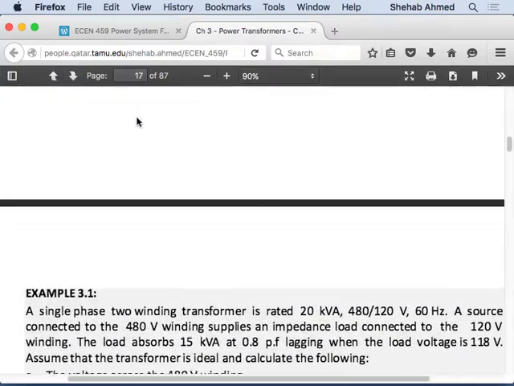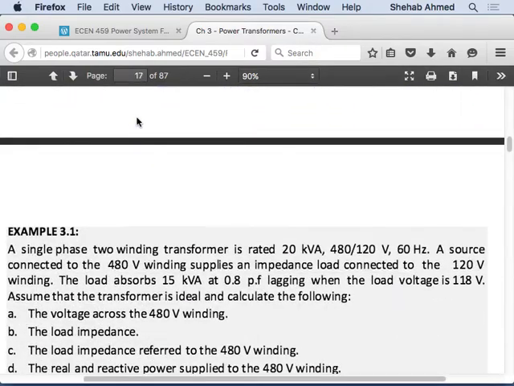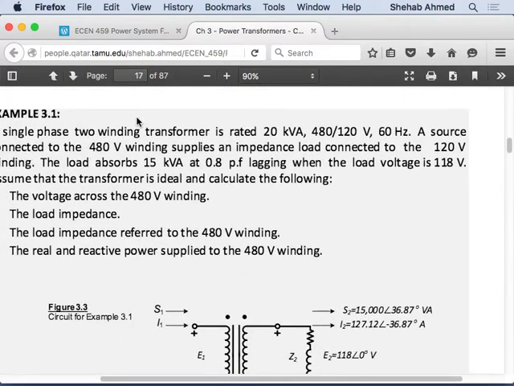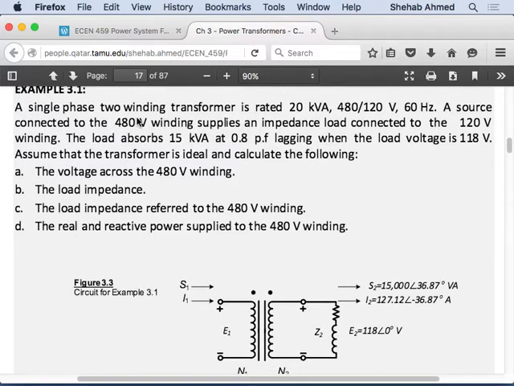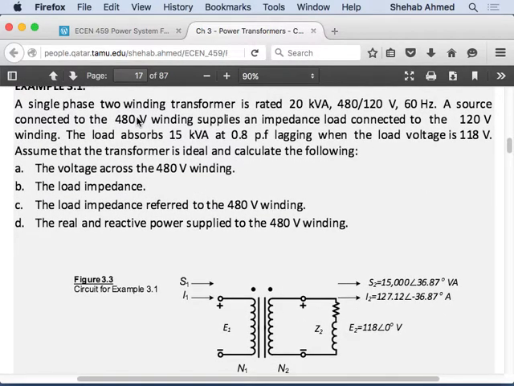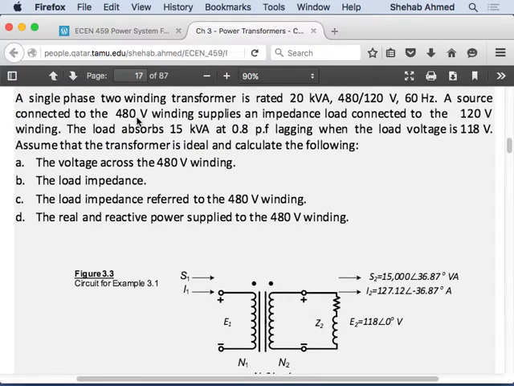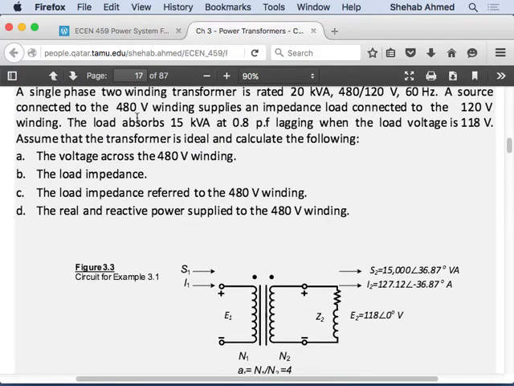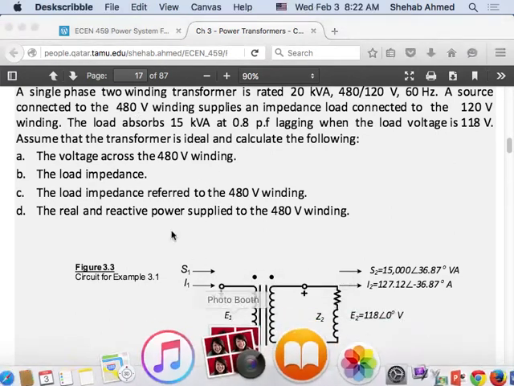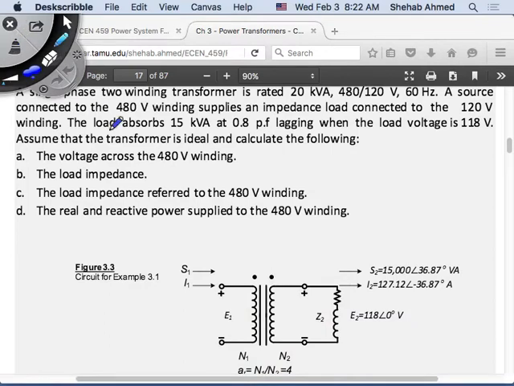So here's an example. We have a single phase, two winding transformer rated for 20 kVA.